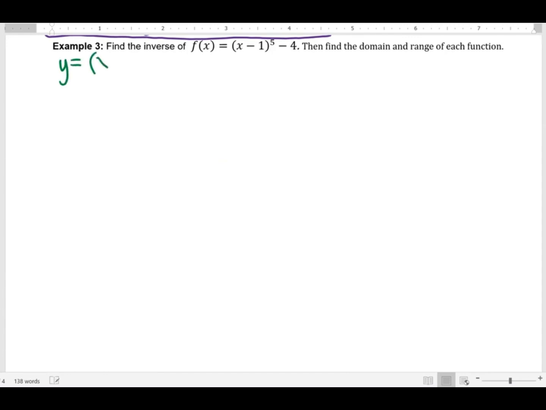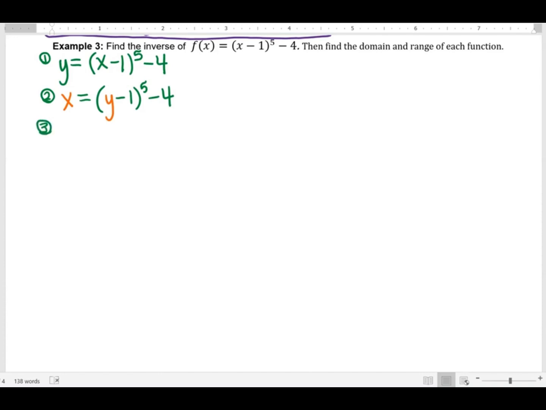So y is equal to (x minus 1) to the 5th minus 4. That's step 1. Step 2 says flip x and y. So instead of y equals, we're going to have x equals (y minus 1) to the 5th minus 4.